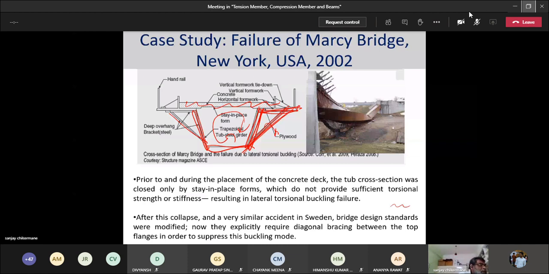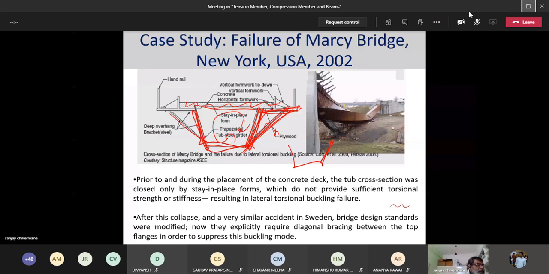In the absence of the concrete deck, when you just cast wet concrete, the section was not giving a significant torsional resistance. Because instead of becoming a closed box section, it was now only an open box section.